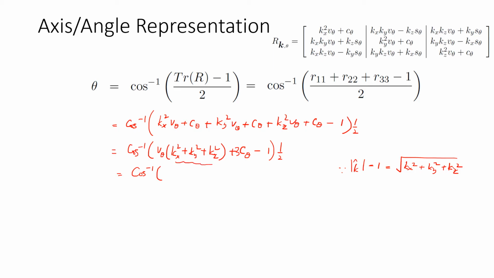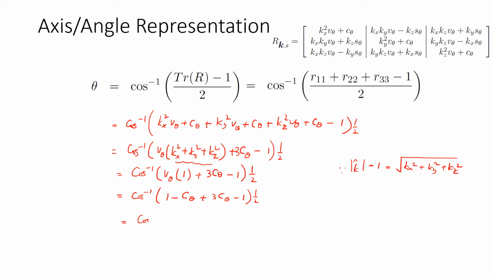So that would be equal to, for that matter, v of theta into 1 plus 3 cos of theta minus 1, and then 1 by 2. So this is going to be equal to cos inverse of v of theta, which is actually 1 minus cos of theta, plus 3 cos of theta minus 1, and then you have 1 by 2.